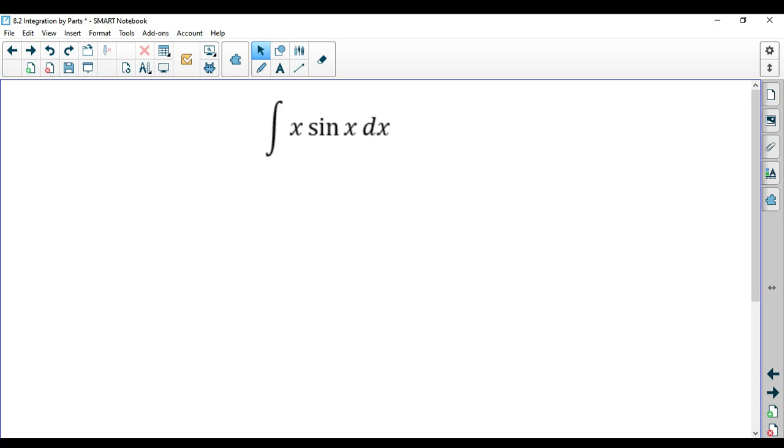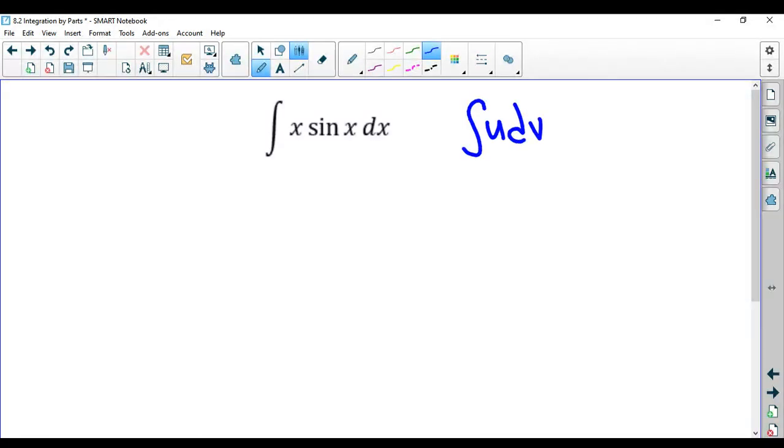So we're going to go back to this integral, x sine of x dx. Notice that it is a product. So we're going to change this into the integral of u dv, which means, and we know that's uv minus the integral of v du. Notice we need to make it exactly this. So first I'm going to pick my dv, because that's going to be the most complicated part that we can integrate.